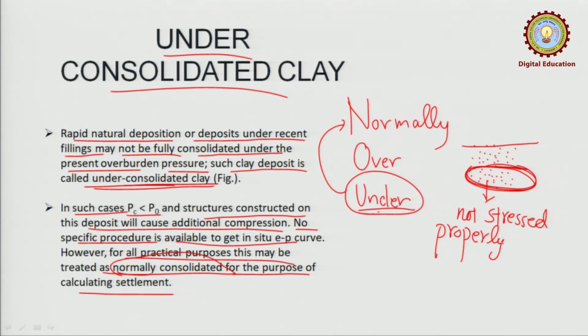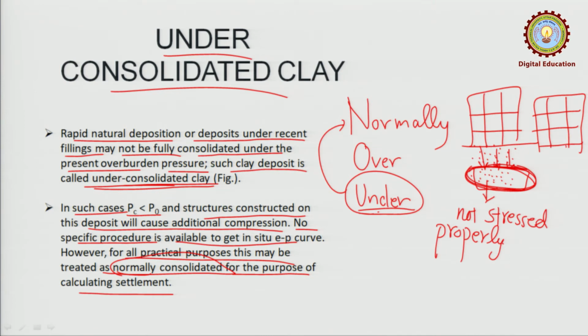So, due to this, what will happen? Now, if you make a structure here, a building something like this, what will happen? A huge stress will come into it and it was not stressed properly. So, settlement will take place, and this building may go down something like this. This much settlement can take place.